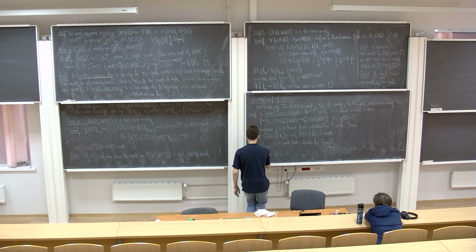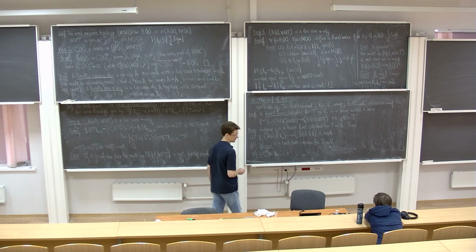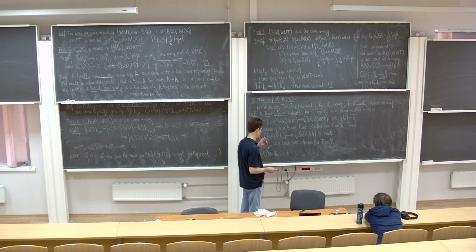Part 3, the spectrum of T is necessarily contained in K. And this follows from part 2. Some time ago we proved that if there is a continuous functional calculus for T on K, then the spectrum is contained in K.